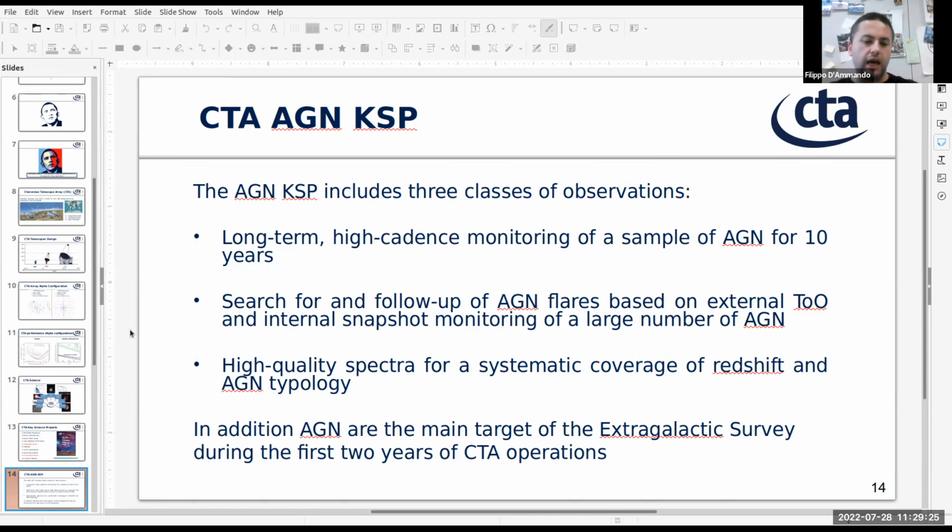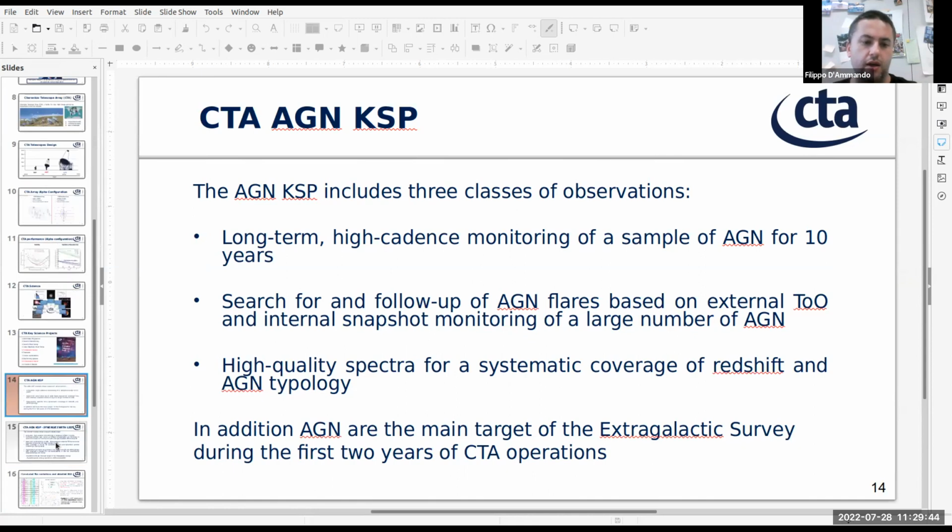And there will be a number of sources for which high-quality spectra will be provided for different coverage of redshift and AGN typology. As I said, there will be also the extragalactic survey during the first 2 years of operation.